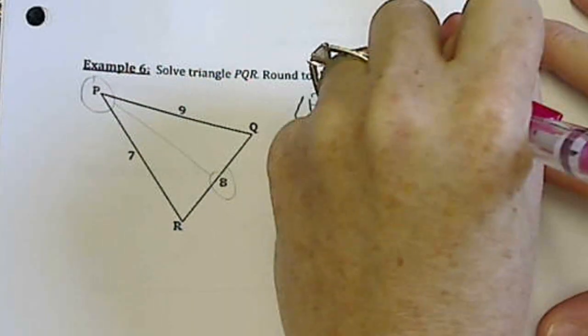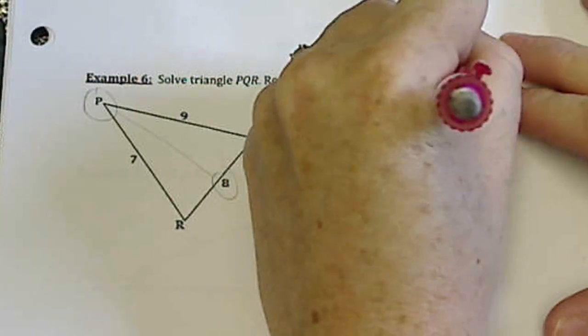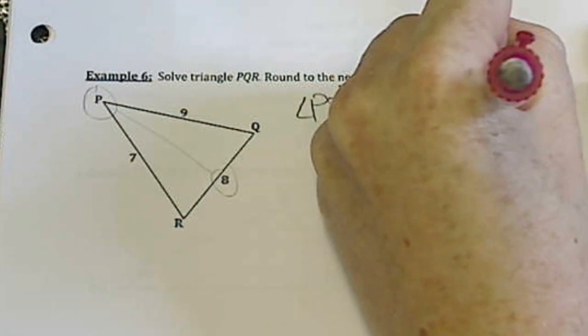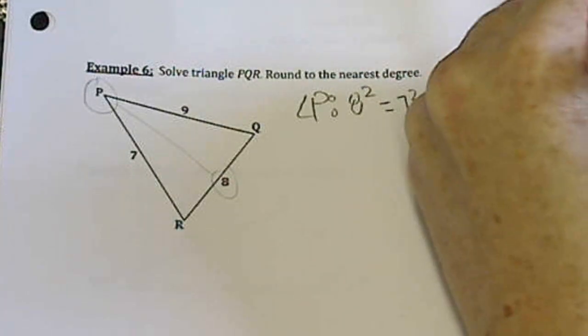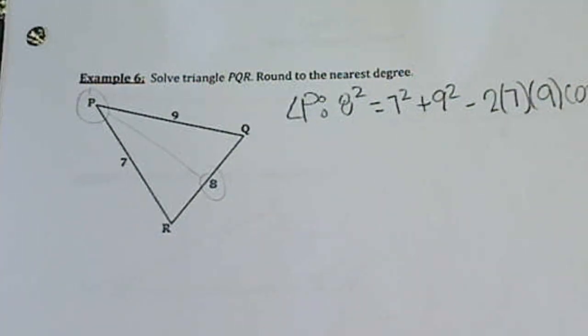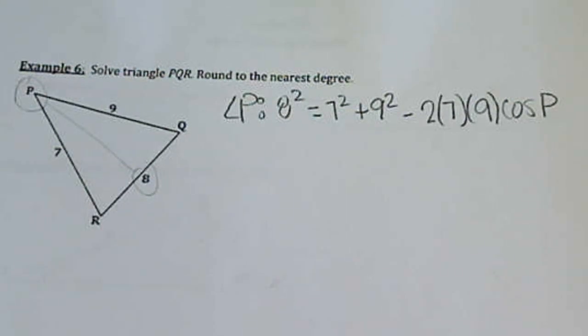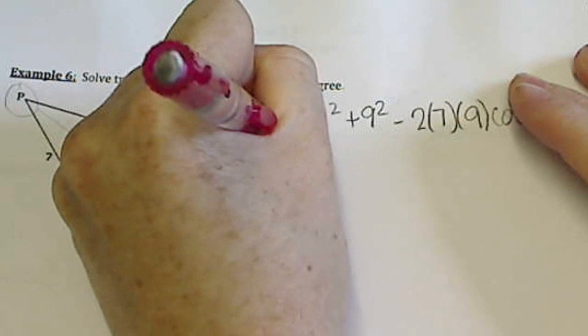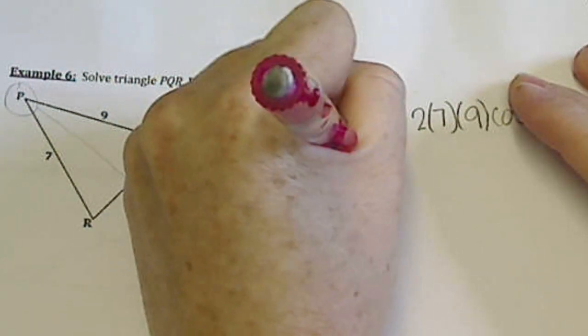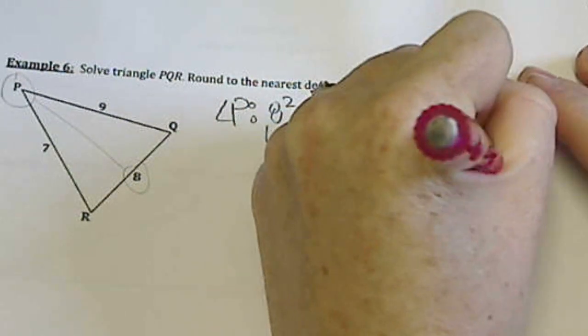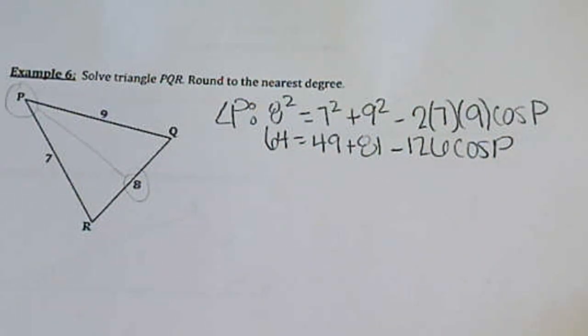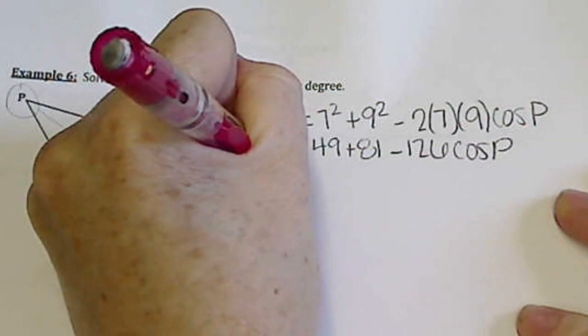8 squared equals 7 squared plus 9 squared minus 2 times 7 times 9 times the cosine of angle P. Here's what I should have. Let's go ahead and simplify that. Okay, excellent. And let's combine our 49 and our 81.